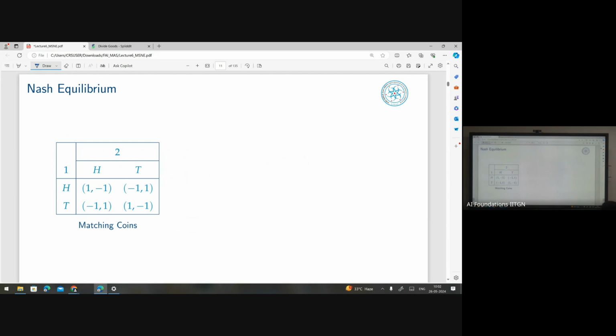Okay. So we have graduated from prisoner's dilemma to matching coins. In matching coins, what is the dominant strategy here? There's no dominant strategy. What your strategy is depends on what the other agent is playing.